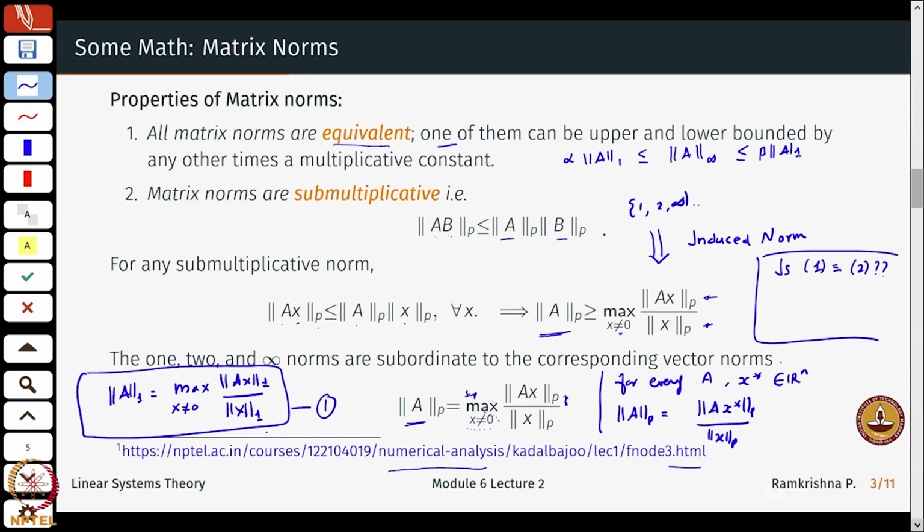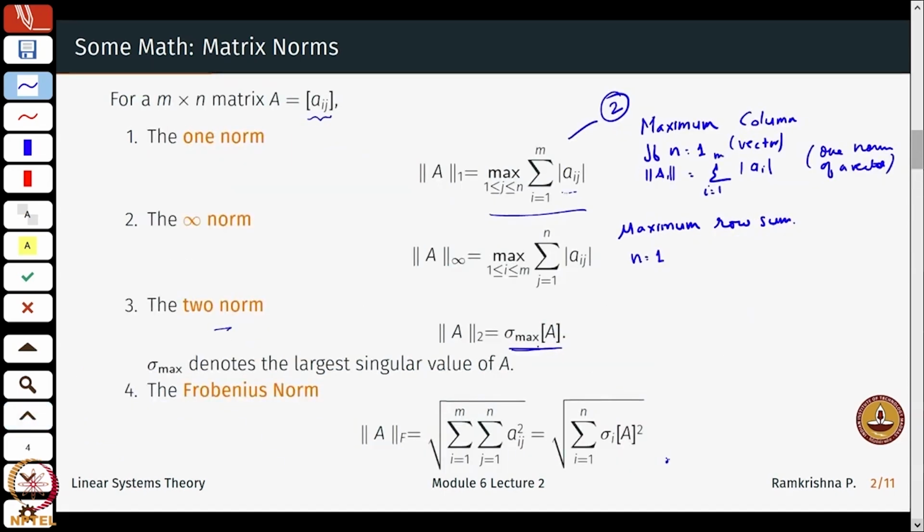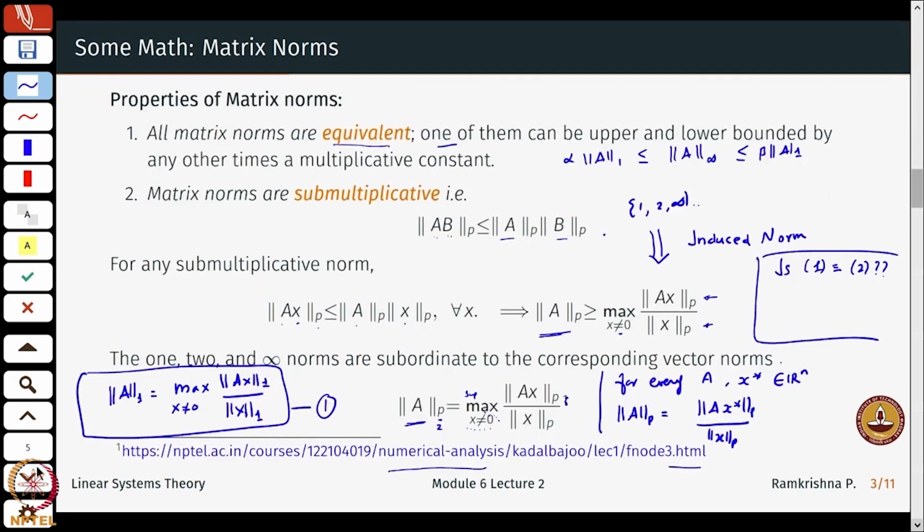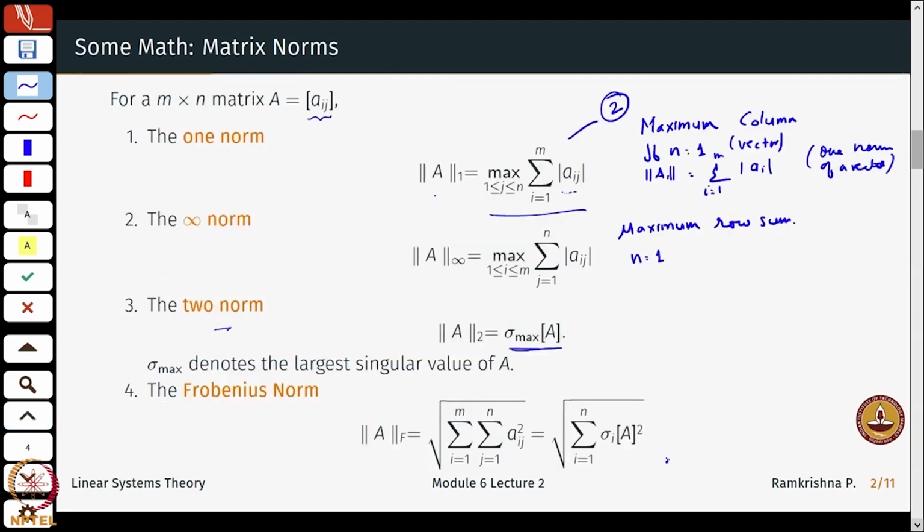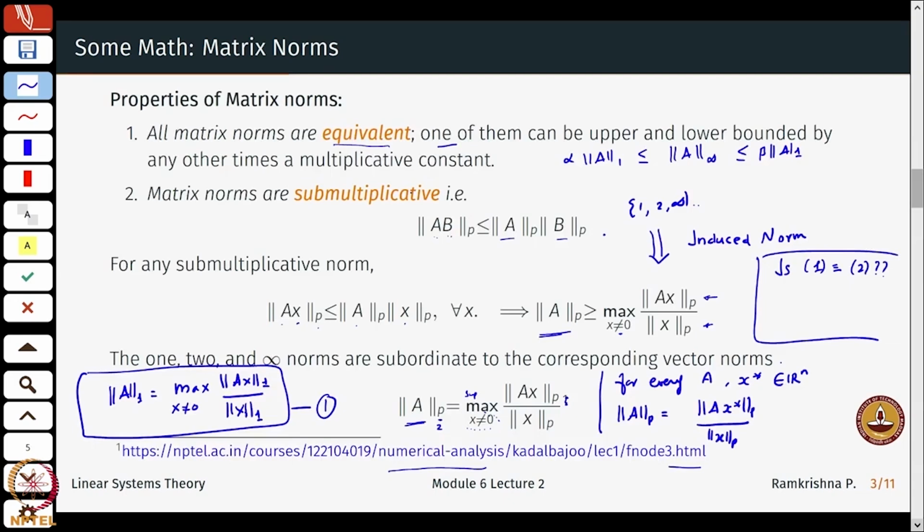Similarly, you can replace the 1 by 2 here, just call p to be 2, and you can prove that this will give you the 2 norm, and so on with the infinity norm also. So there is a good equivalence between the definitions of the 1, the infinity and the 2 norm, and what I derived here via the submultiplicative property. Of all these properties, this is what we will be using in this lecture.